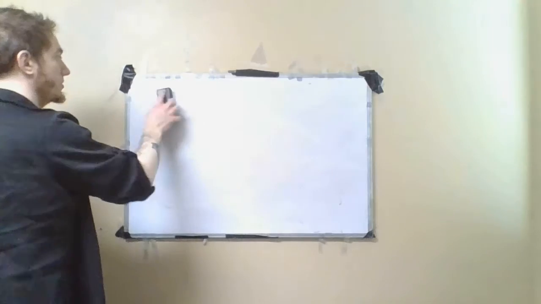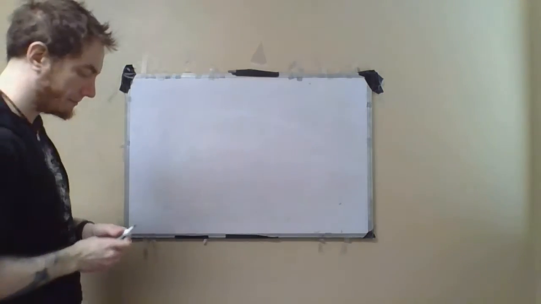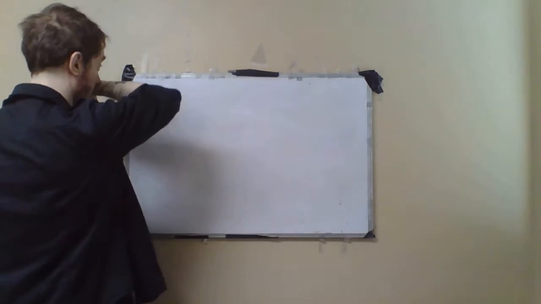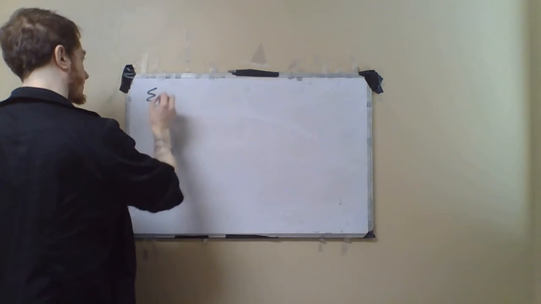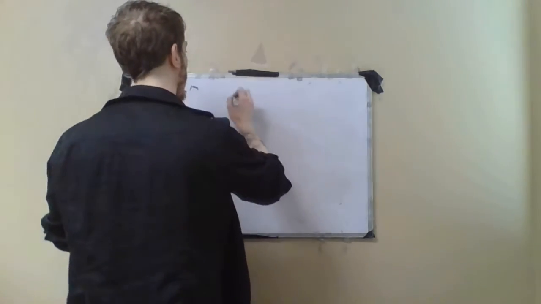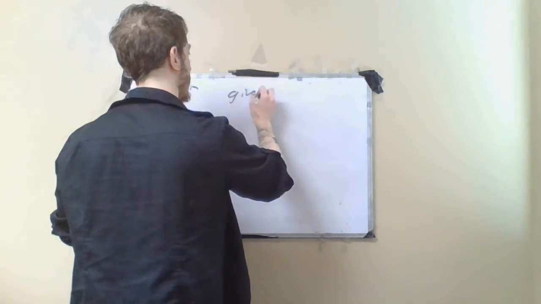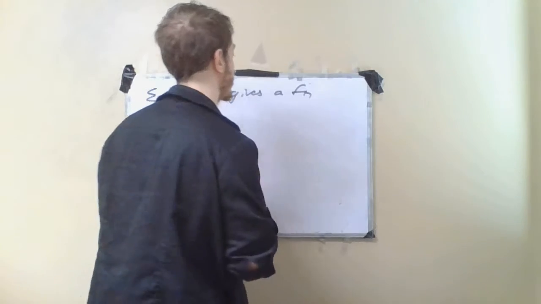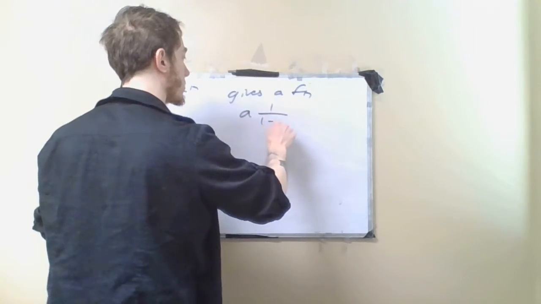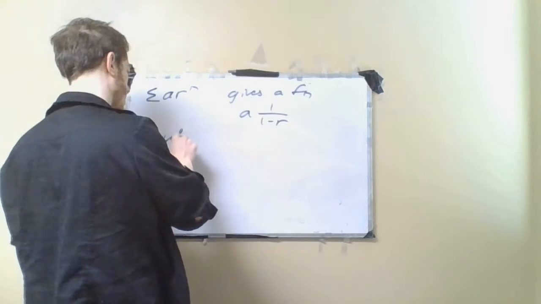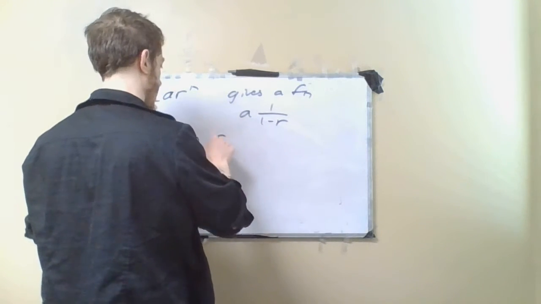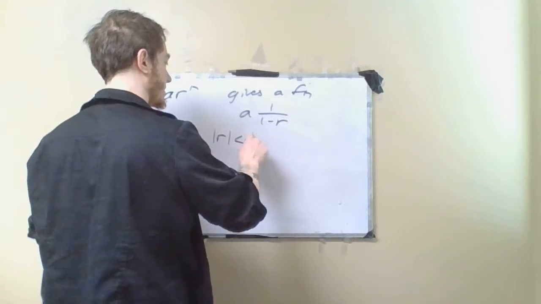What I would like to observe here is that the sum of AR to the N gives a function of the form A times 1 over 1 minus R when R has an absolute value that is less than 1.